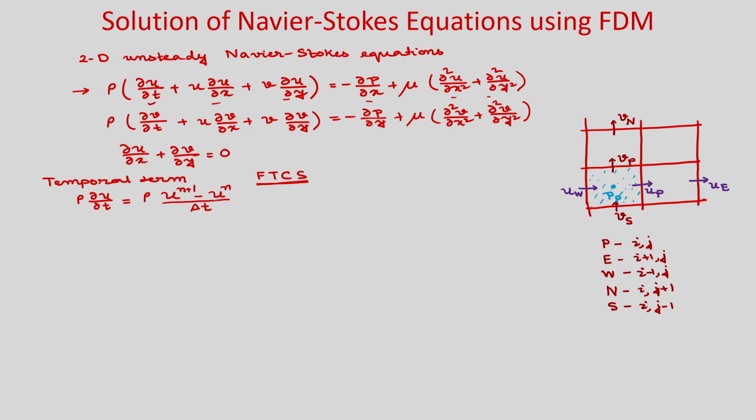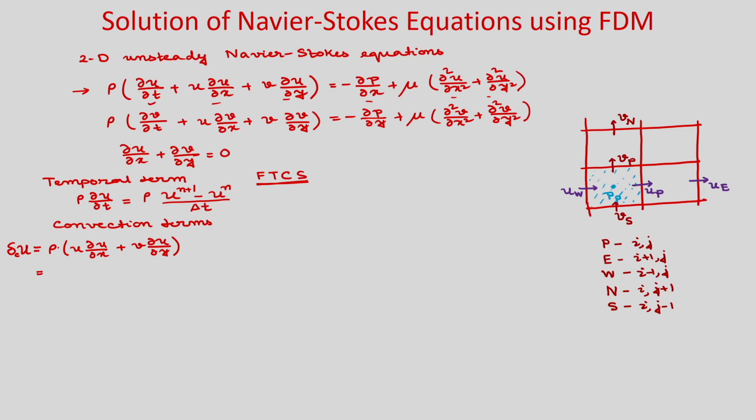So, it is forward time. And the convection terms, that is rho times u del u by del x plus v del u by del y, we will denote as delta c u. So, convection terms delta c u.